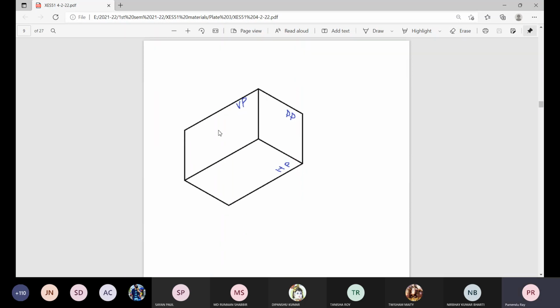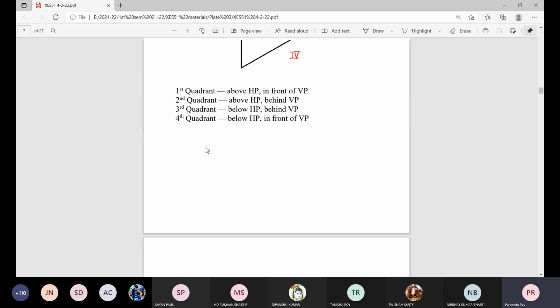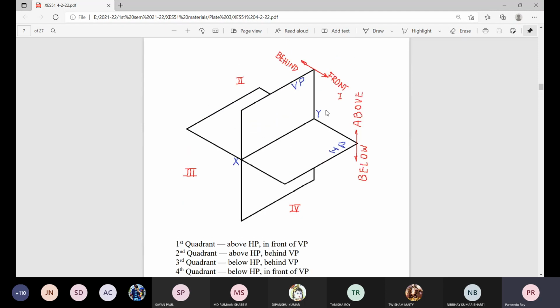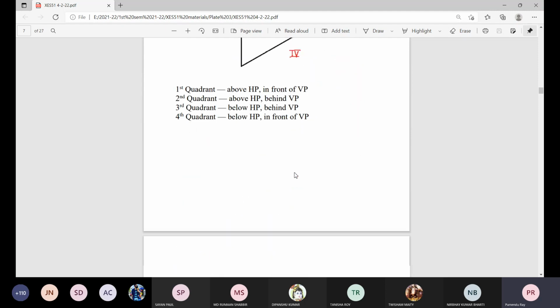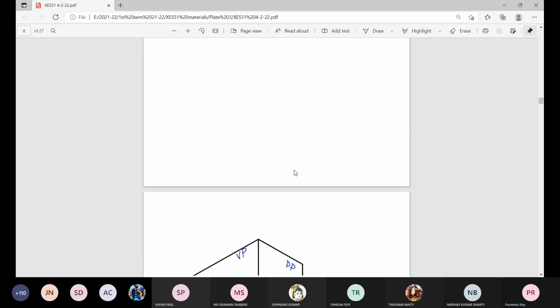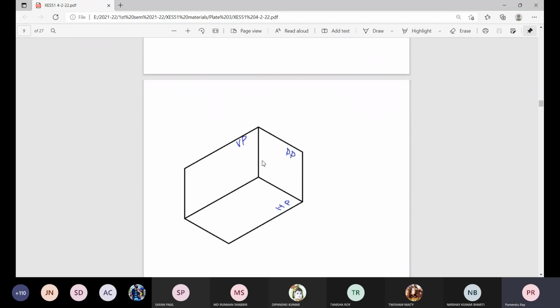Now if we form these two planes, the first quadrant, by this portion segregated out of this system, there we include one more plane which is perpendicular to both of these reference planes, HP and VP. It is normally called PP, profile plane.